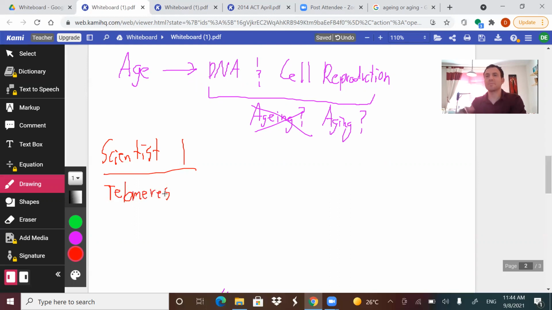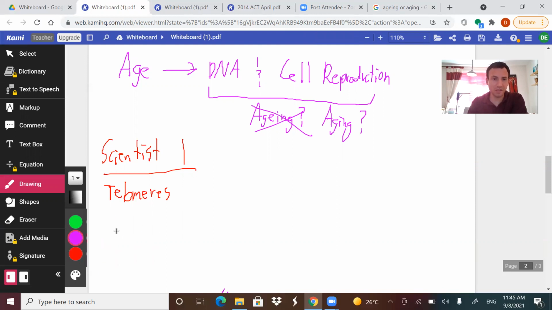They're these caps at the end of our chromosome strands. And what they do is maintain the integrity of the chromosomes and the genetics within the chromosomes. As cells reproduce, we lose more and more telomeres. The telomeres shorten, and that leads to the degradation of our DNA, which leads to aging. So that could be the telomere one.